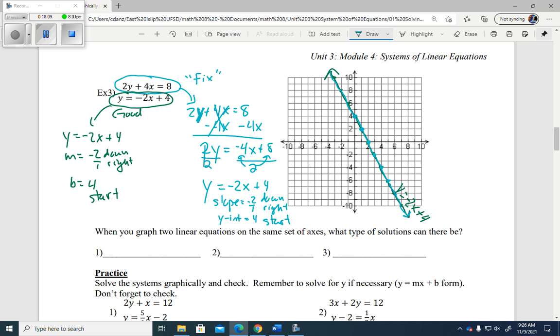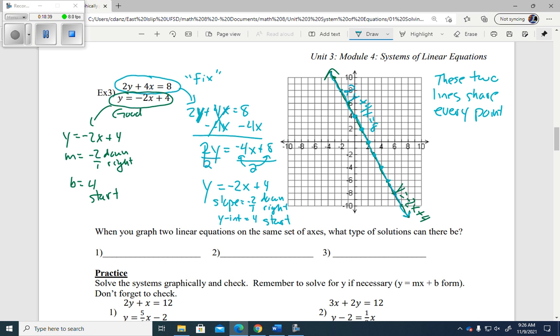So I'm going to label this second line, the 2y plus 4x equals 8. Remember, the solution is the point that they share. Don't you agree they share all the points? These 2 lines share every point.